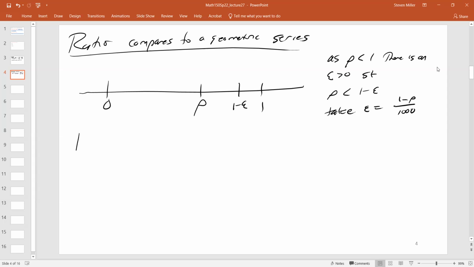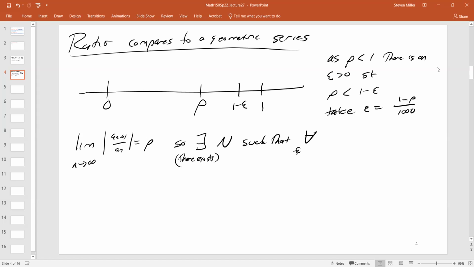So we know the limit as n goes to infinity of a_{n+1} over a_n equals rho. So when I write a symbol like this, this means there exists. So there exists an N such that, and this means for all. So we have the backwards E, we have the upside down A, such that for all n greater than or equal to N, a_{n+1} over a_n is less than 1 minus epsilon.